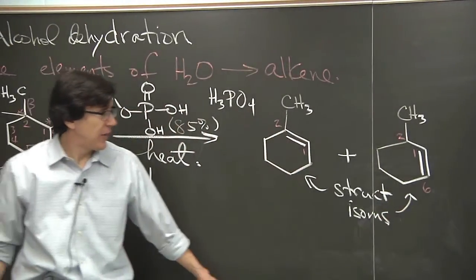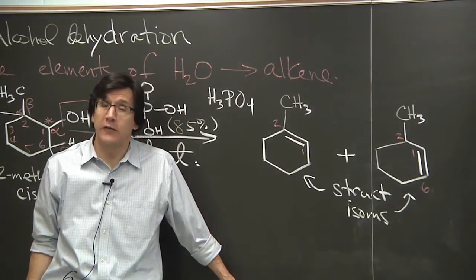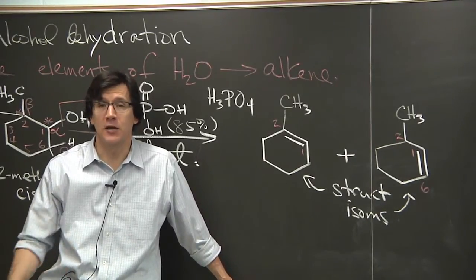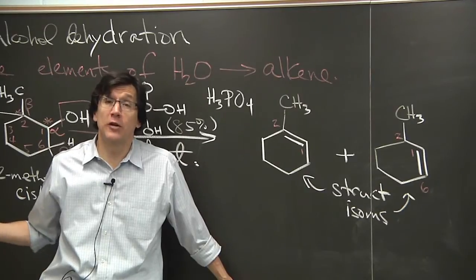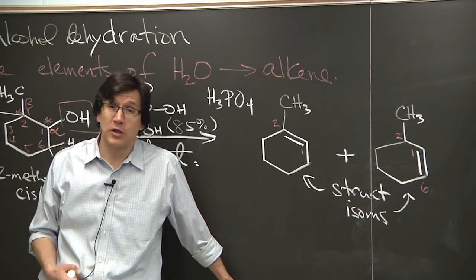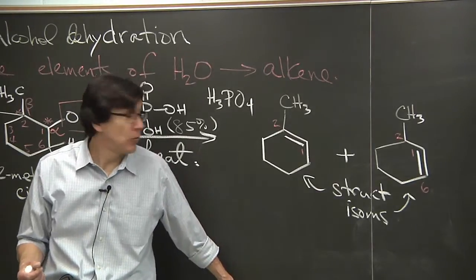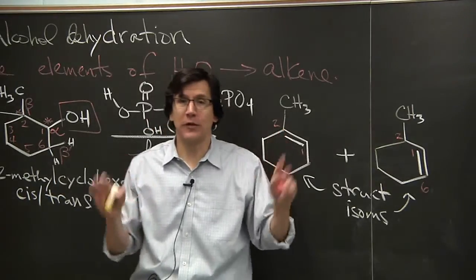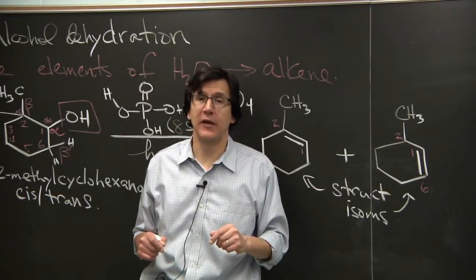And then the other thing that we can call these, they are structural isomers that share a common history, if you will. They were both generated from the same starting material through the same reaction, in a reaction that either went this way or went that way. And we'll look at the mechanism in a little bit more detail in a second.